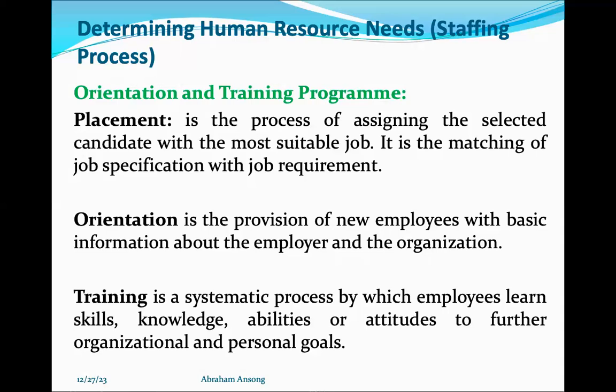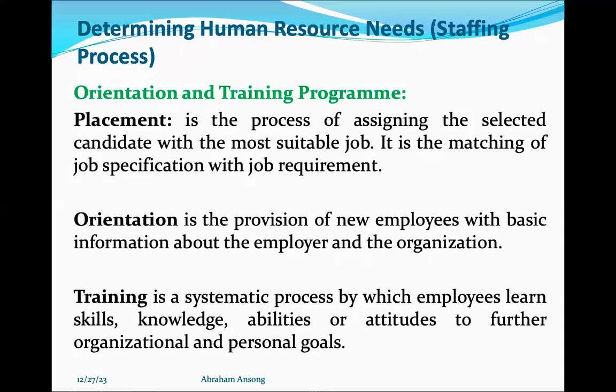All right, so it's very, very important that you match the job specification with the job requirement for the position that the person is going to perform in a particular organization. So placement is key in ensuring that employees are able to perform well. So after selecting the person, you need to place the employee at the right place.